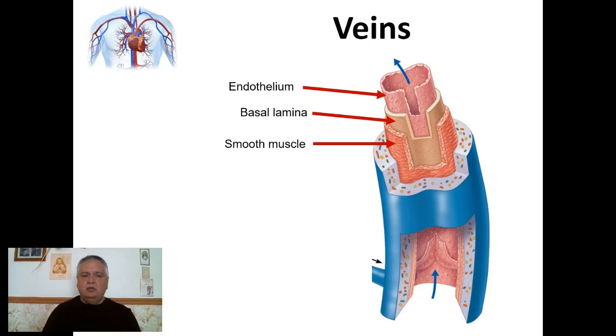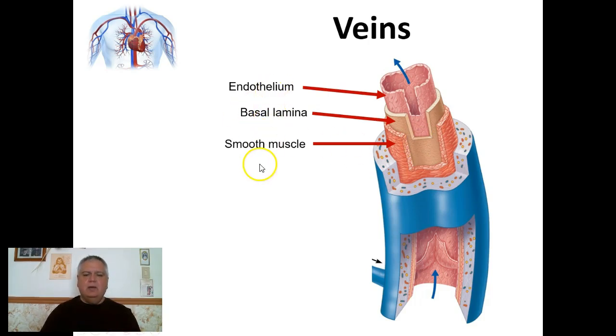One of the things you'll notice here with the veins is there's no internal elastic membrane. Veins do not have as much pressure from the blood that they have to resist, so they don't have the internal or external elastic lamina.